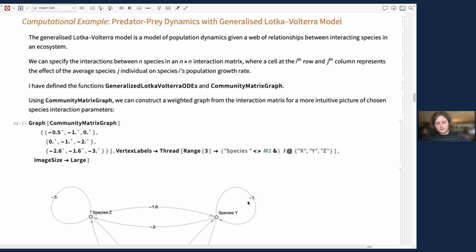So for example, in this example here, if you say this is species X, species Y, species Z, species X, species Y, species Z, then this value here would be the effect of species Y on the average individual of species Z whenever an individual interacts with another.